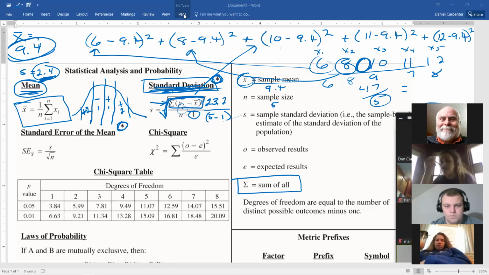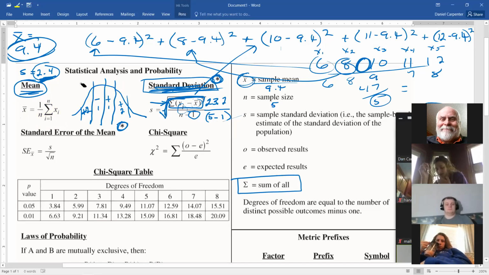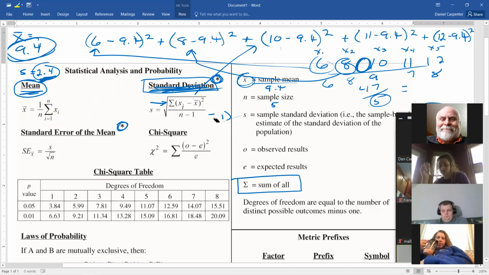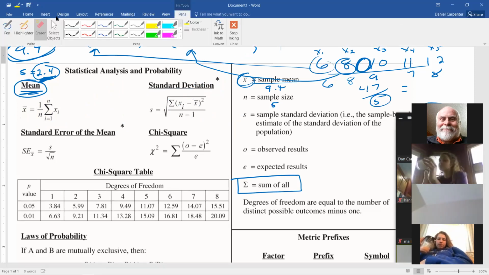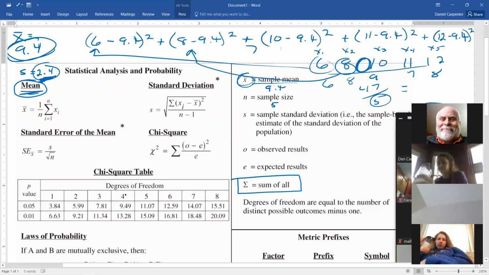Now, standard error. Standard error is something that you are probably more likely to need for the test. Once you get standard deviation, standard error is incredibly simple.